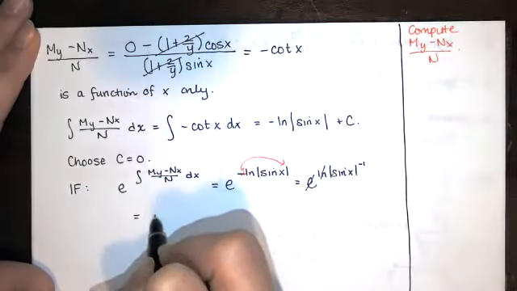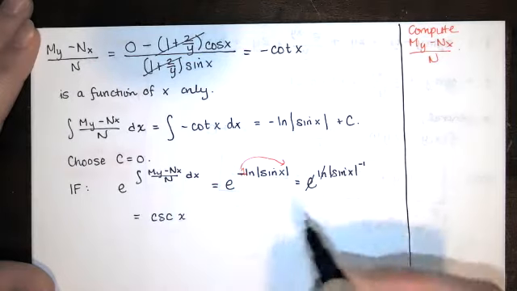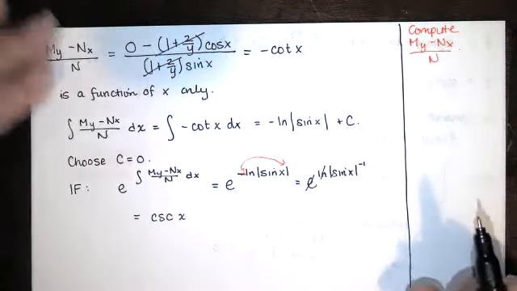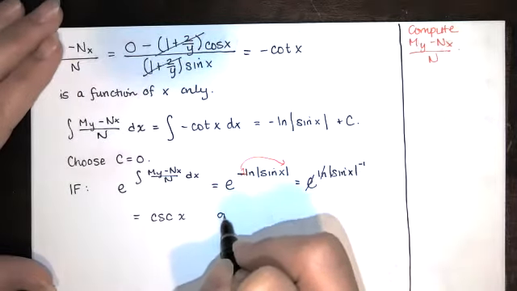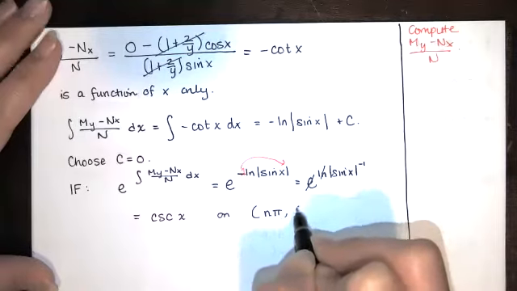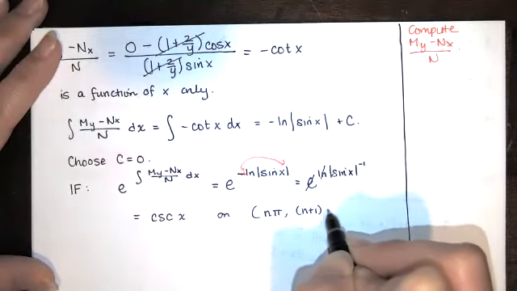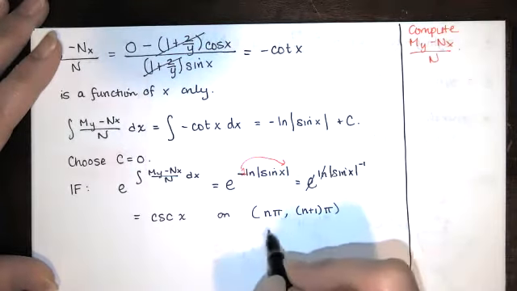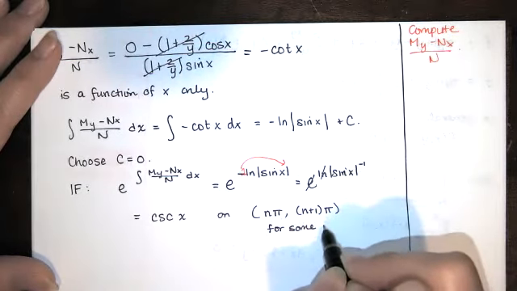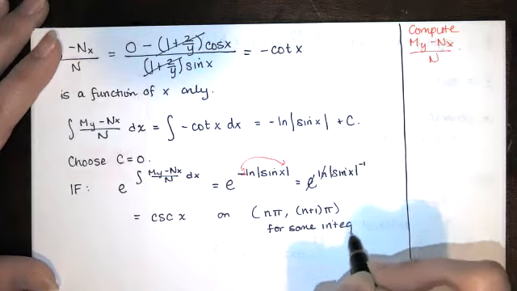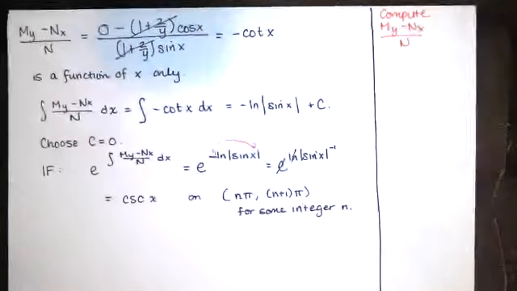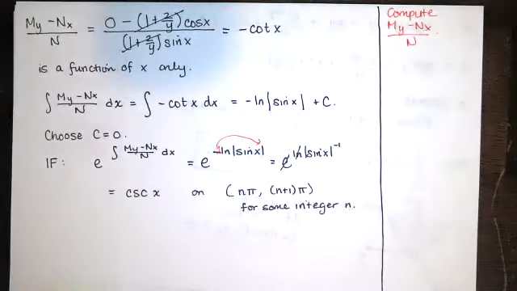And so that'll be 1 over sine or cosecant of x on some interval where obviously sine of x is non-zero. So on some interval from like a multiple of pi to the next multiple of pi for some particular integer n. Of course, that would depend on an initial condition if we had one. So our integrating factor is this.